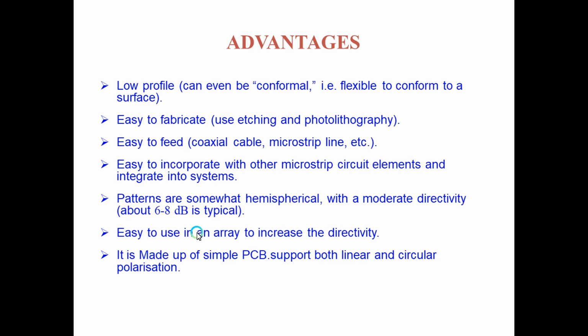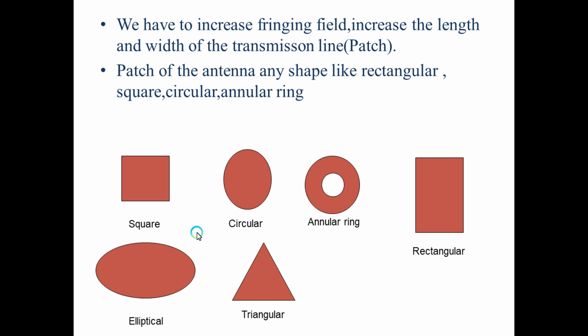Then the advantages of the microstrip patch antenna. The microstrip patch antenna is low profile. Before that, one more thing I want to discuss. For example, you have one copper wire. If you give power at one end, it will transmit to the other end. It will not radiate.